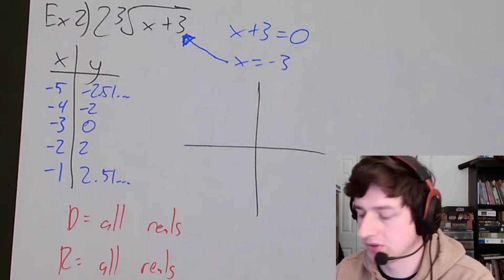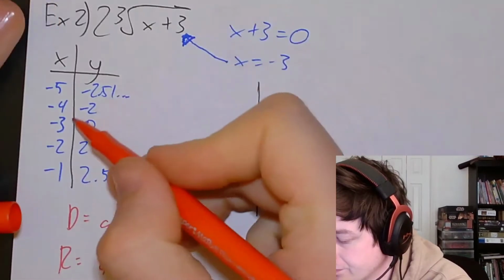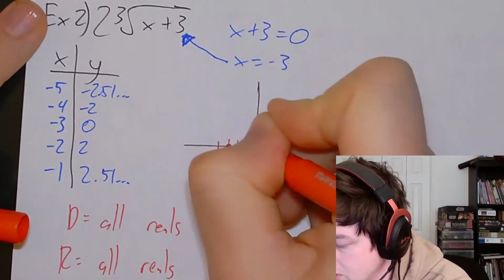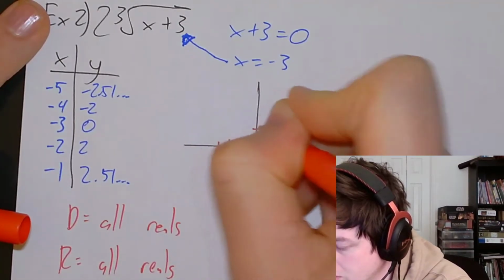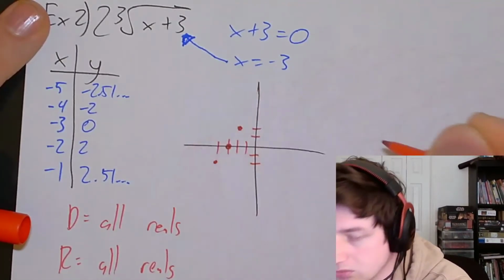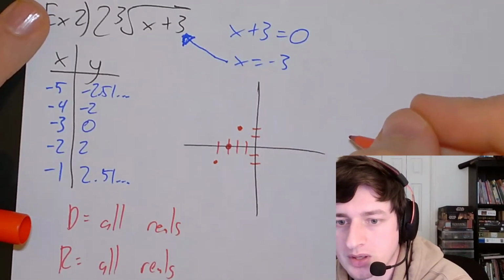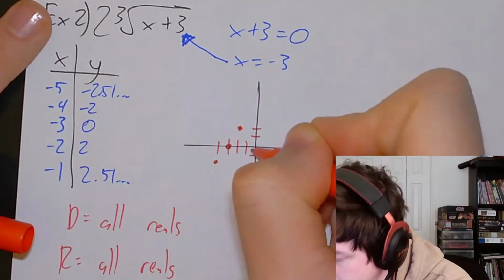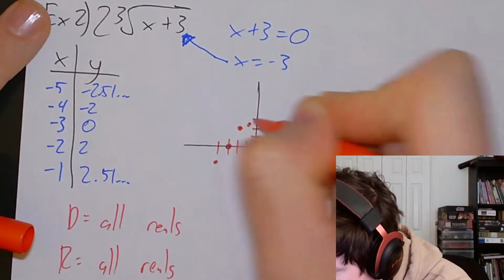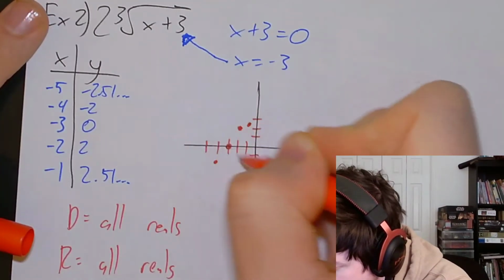So when we're graphing, we've got negative 3, comma 0, negative 4, comma negative 2, and negative 2, comma positive 2, and then negative 1, comma 2.5, which is like here, and negative 5, comma 2.5.